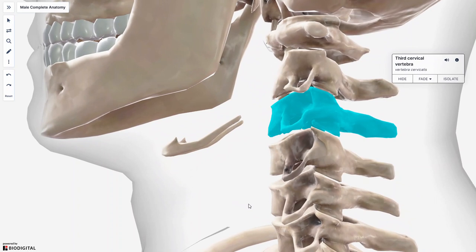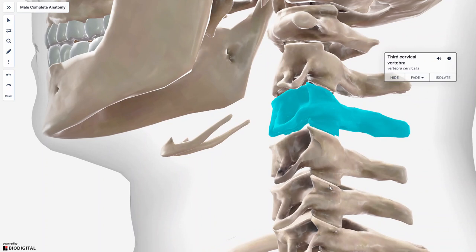So we can see how the vertebrae stack together. There are no intervertebral discs here for us to see, but we can see the zygapophyseal joints, remembering that that column of bone between the superior and inferior articular processes is called the articular pillar.